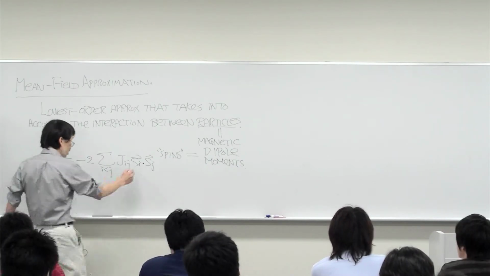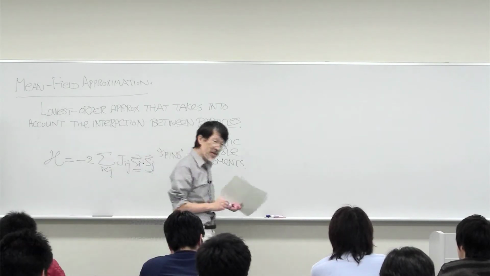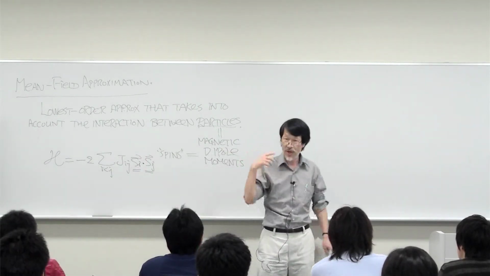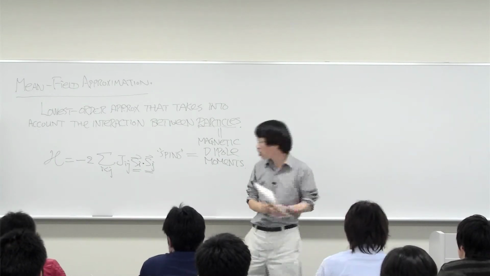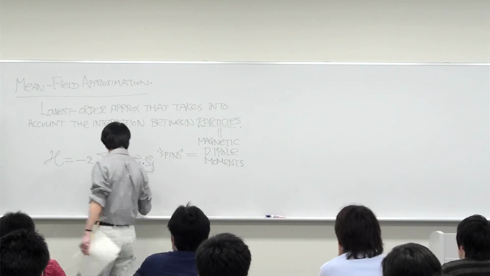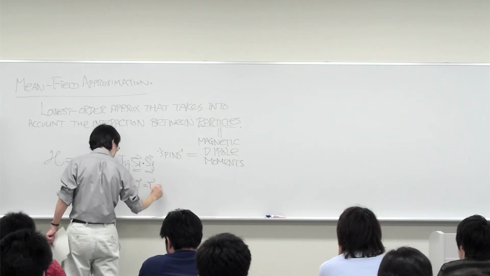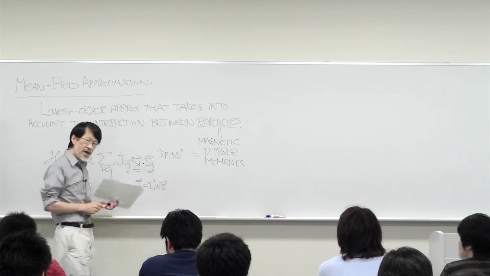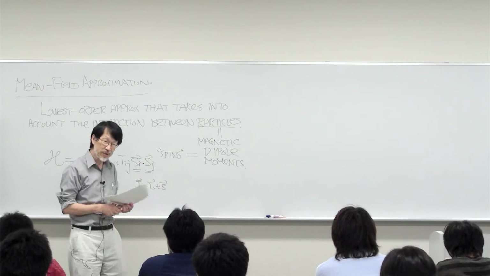Now, I use the spin operators, but this doesn't necessarily mean that the magnetic dipole moments come from intrinsic spin angular momentum alone. In general, a magnetic moment of an ion can consist of a spin angular momentum and the orbital angular momentum.